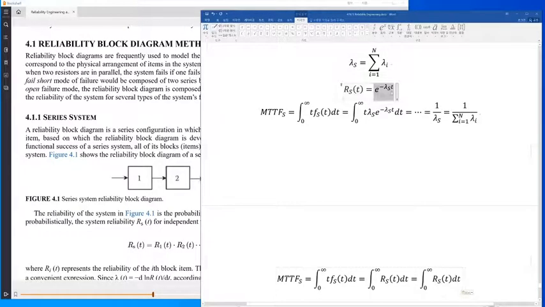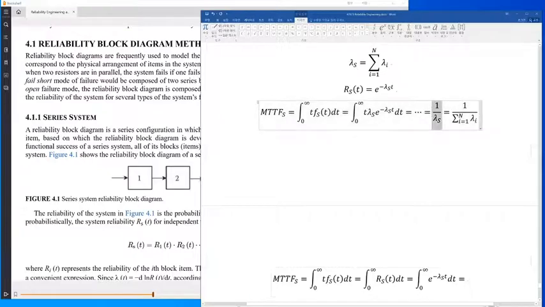Because this is the integral of exponential minus lambda s t dt, in this case it is much easier to find the integration of this exponential function, and of course we are going to get the same answer, 1 over lambda s.